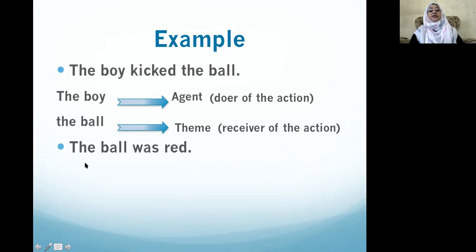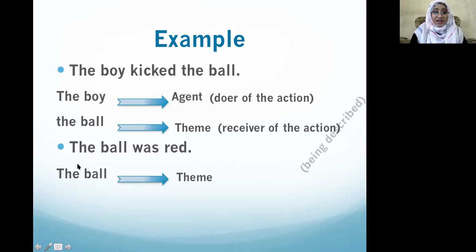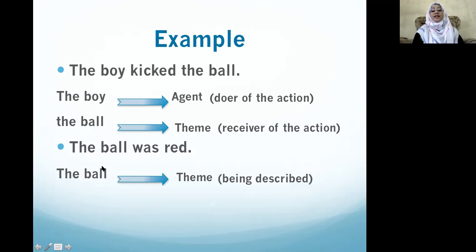For example, in this sentence, the ball was red. The horse is fast, the watch is fast. If any particular thing is being described, it's not performing the action. The ball is not performing the action here. We are describing the ball, how it is red. So in this case also, the ball is called theme. It is not called agent because it is not performing the action. It is just being described.